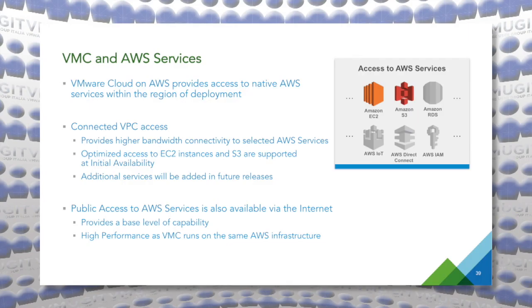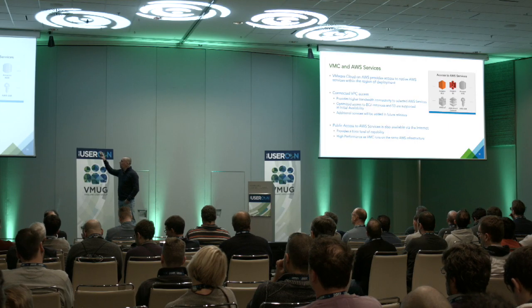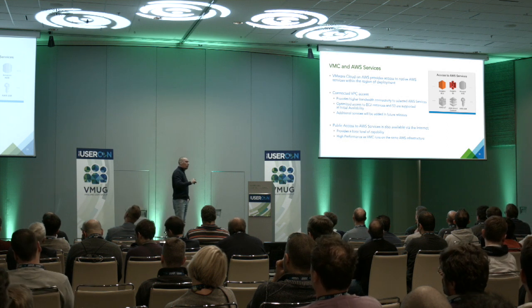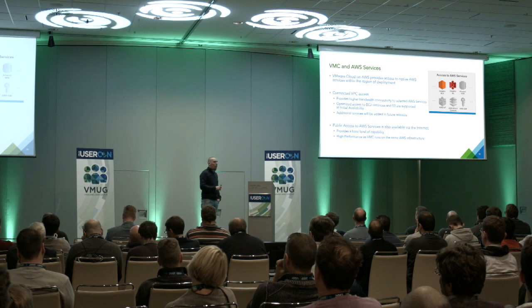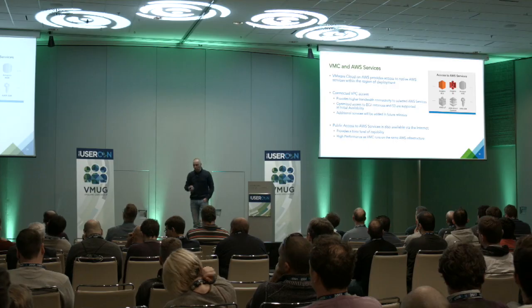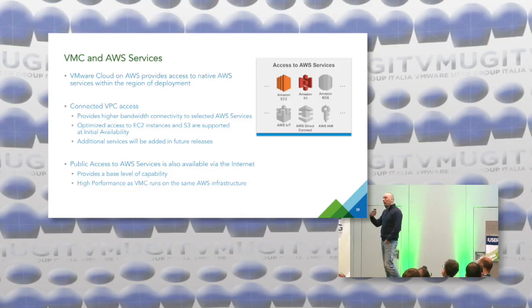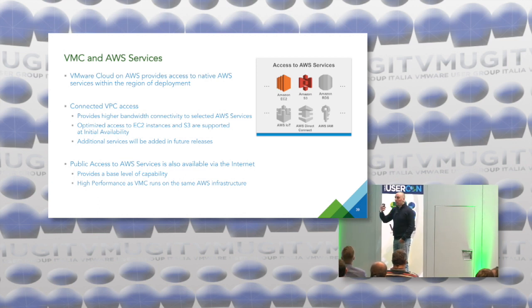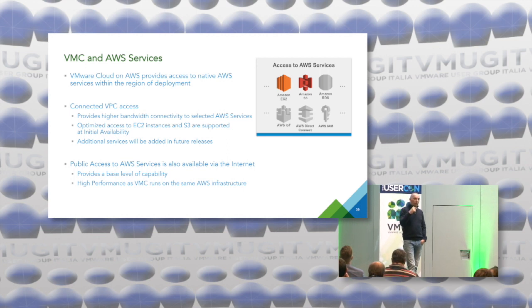You may remember that I said there are two cool things: elasticity and the connectivity to cloud-native AWS services. Now this is the other one, the connectivity to the AWS services. AWS allows us to directly connect to particular AWS services from your in-cloud SDDC. With the initial availability, we allow you to connect to S3 and EC2. That means if you run a VM in cloud and it connects to an S3 bucket, it doesn't leave the network.